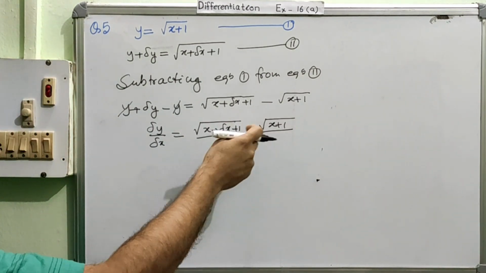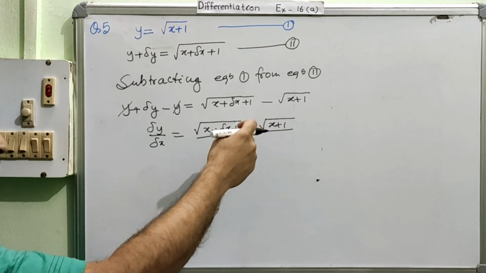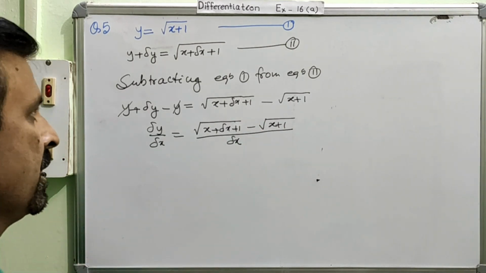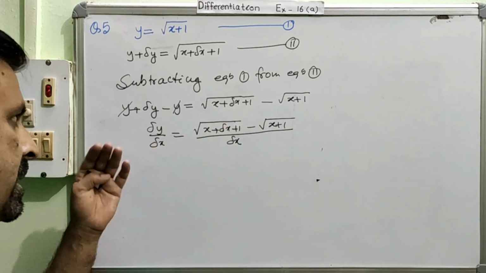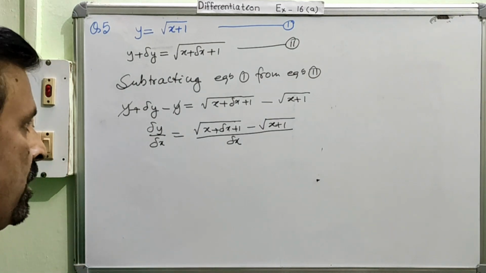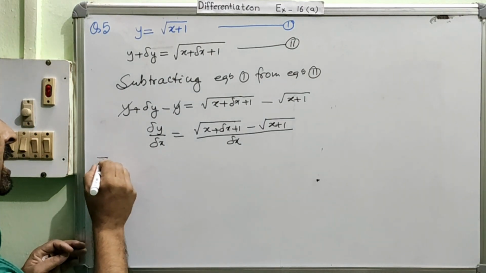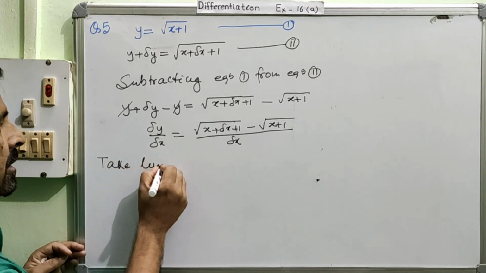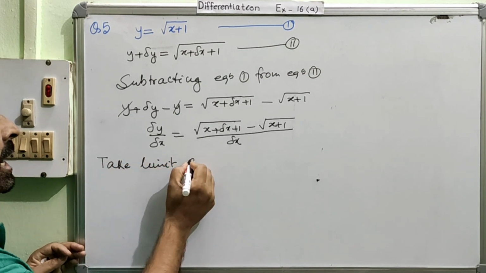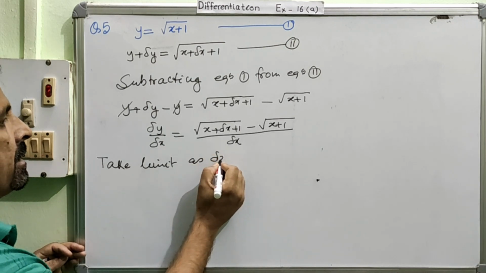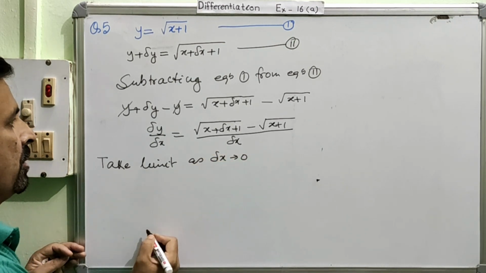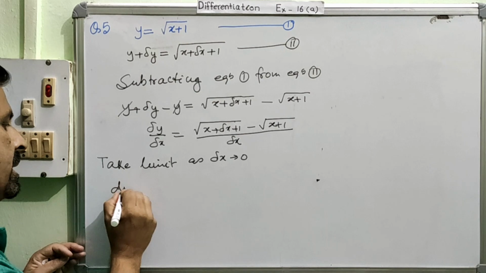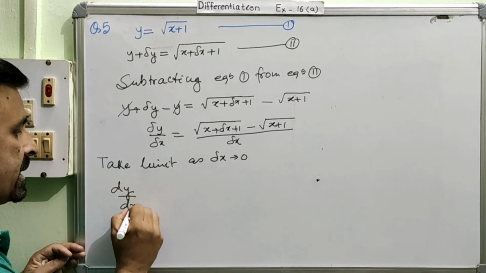Now you can see this has to be rationalized, right? So we will do the rationalization, and same time we will also take the limit on both the side. So take limit, okay, as delta x tending to 0. So here we can write this as dy by dx.